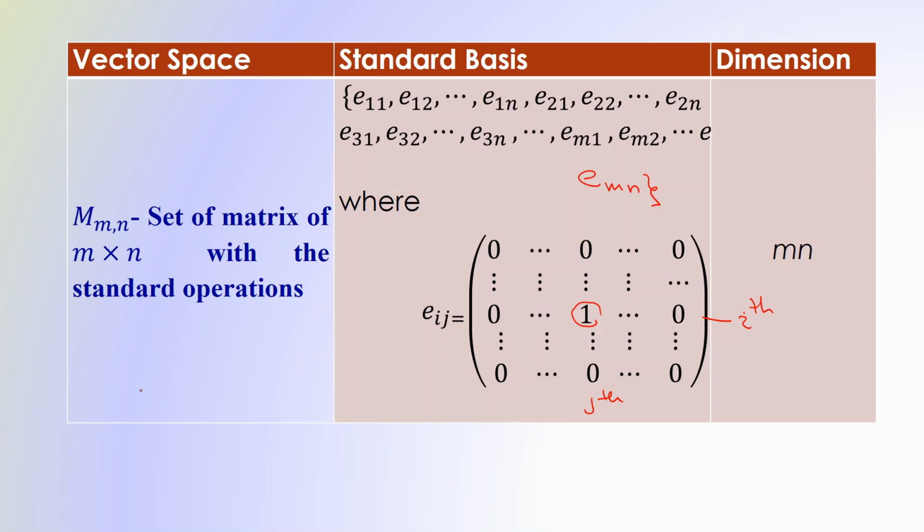For example, for M22, that means matrices of size 2 by 2. E11 is 1, 0, 0, 0. E12 is 0, 1, 0, 0.